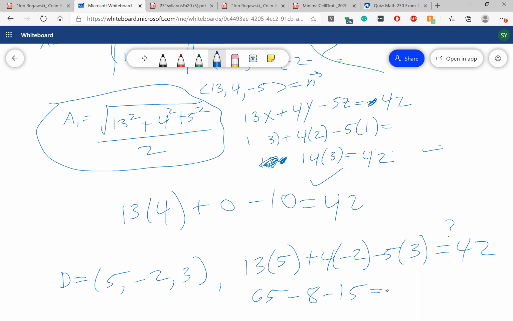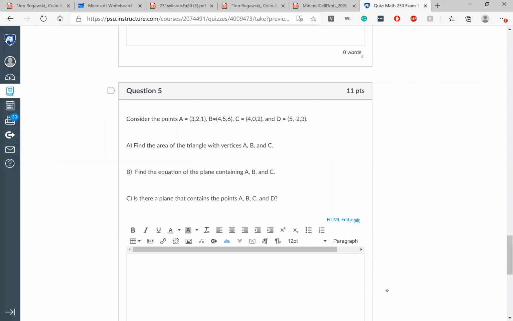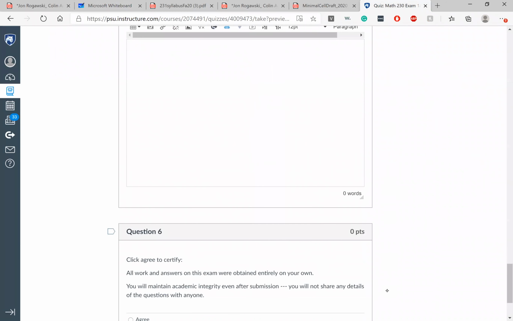So this does look like it's 42. So I guess the answer is yes, right? Any questions? Okay, so that was question 5. What is question 6?